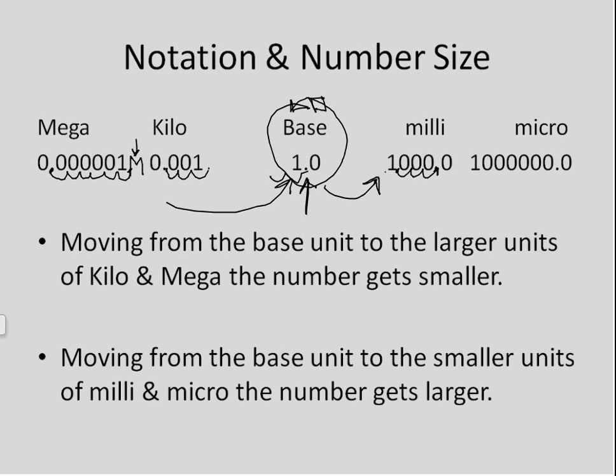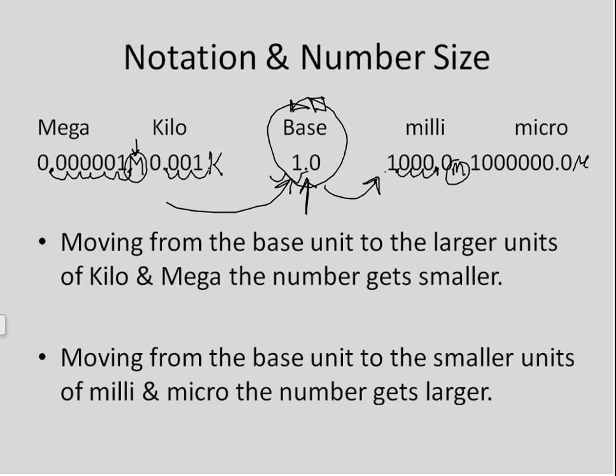Same thing on the micro. The number 1 is a million micro. You always have to add the indicator. And you see why there's a difference in case. A milli is a lowercase m. A mega is an uppercase M.